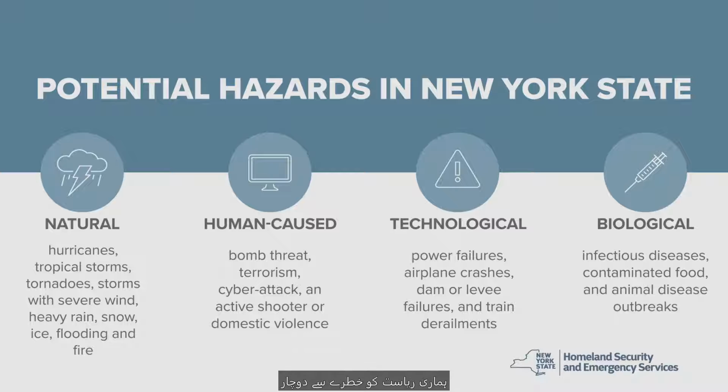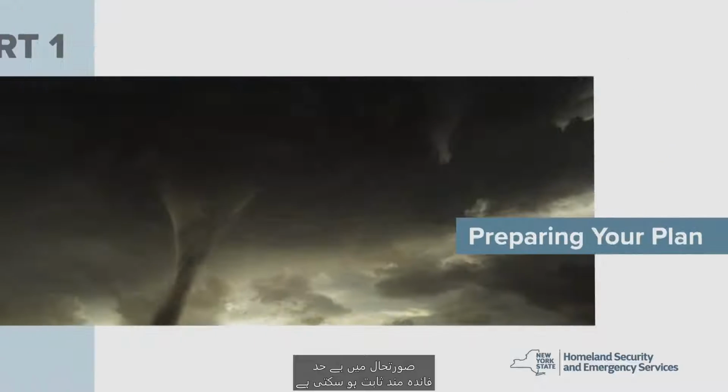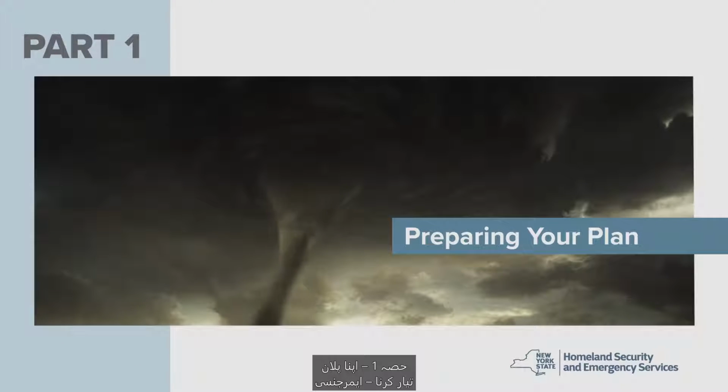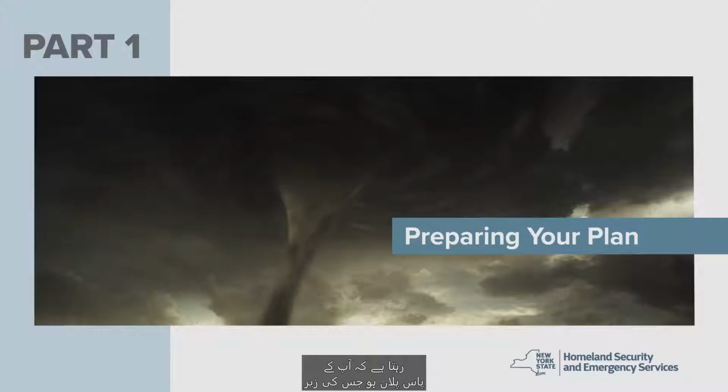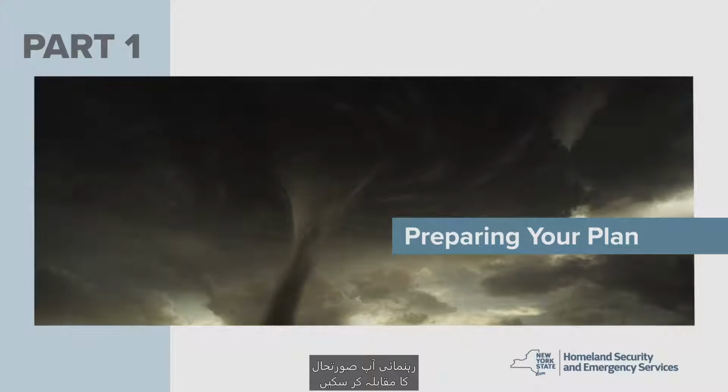Given the wide array of threats which put our state at risk, every New Yorker needs to be prepared for any number of types of hazards and situations where everyday needs may not be readily available. Planning and acting with common sense can make all the difference in a dangerous situation. Part 1. Preparing your plan. During an emergency, it is always better if you have a plan you can use to guide your response.